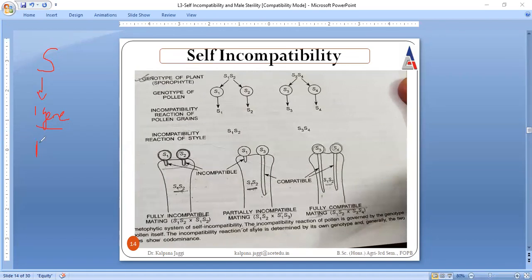This more than one gene is said to be polygene. It is also called a modifying gene.